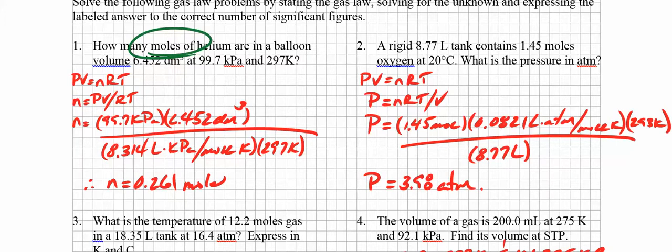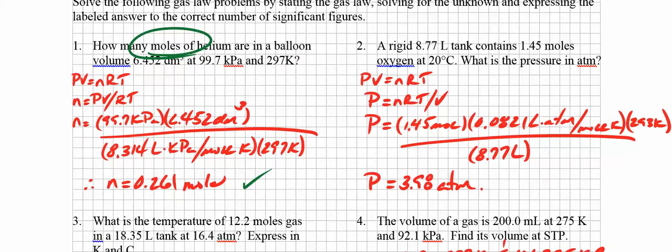We've got 99.7 kilopascals times 6.452 cubic decimeters, and we'll divide that by R. In this case, we're going to use 8.314 liter kilopascals per mole per degree Kelvin, and we'll divide by the temperature in degrees Kelvin, which is 297. When you divide those, you get n is equal to 0.261 moles of helium. We're done with the first one.